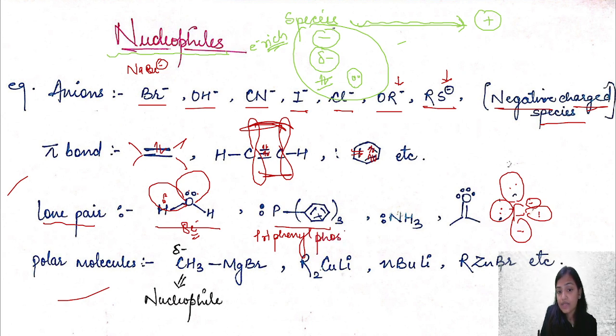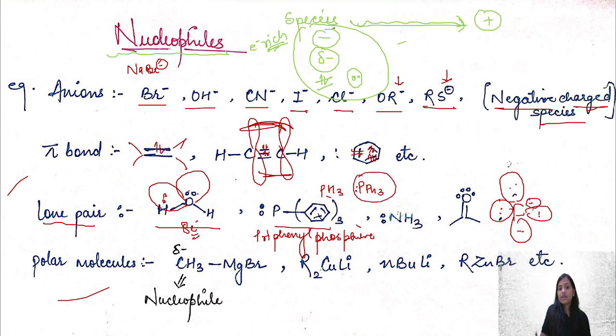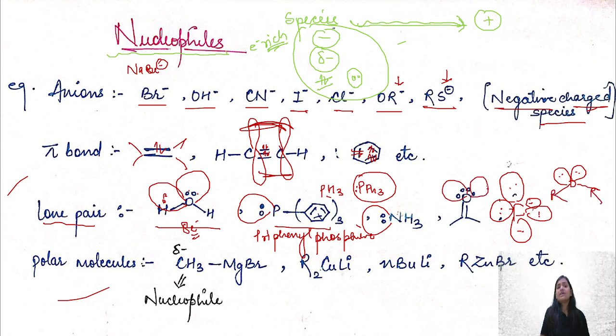You might know the structure PH3; if I replace the hydrogens by phenyl, it is triphenyl phosphine. Here also we have a pair of electrons. In ammonia, ketones, and even ethers, we have a pair of electrons. So any species having a pair of electrons is said to be nucleophilic in nature.